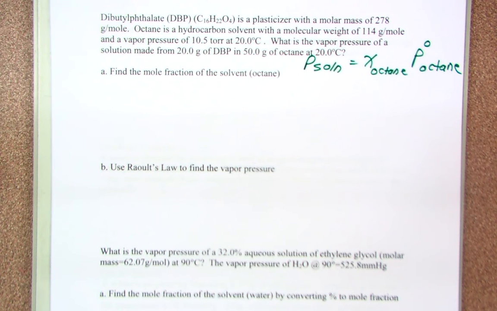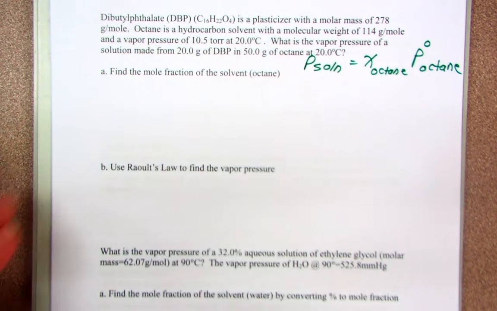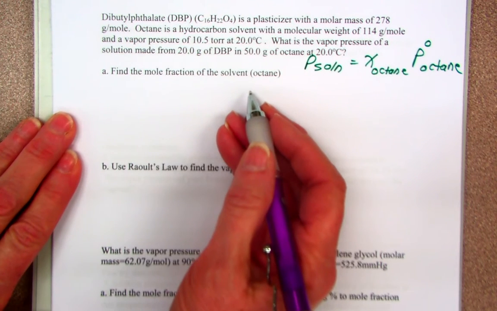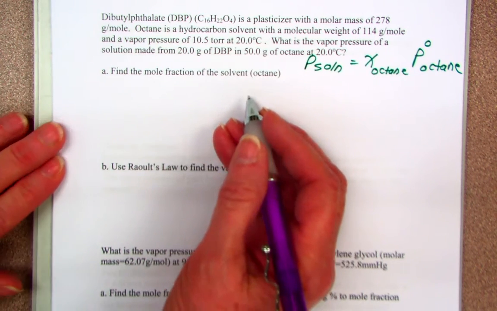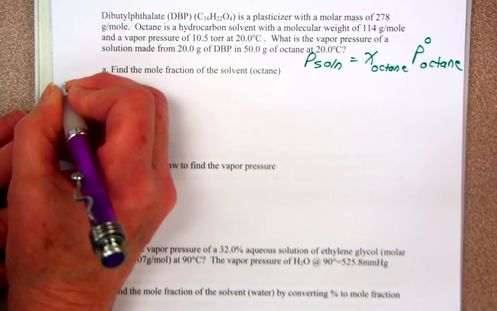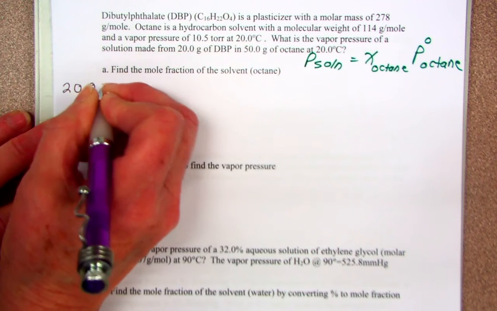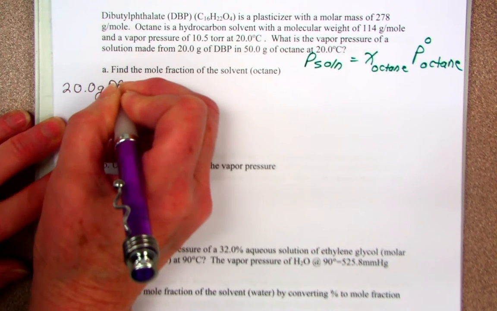So now what we have to do is think about, how do I get the information I need? I read the problem and the information on the pressure of the octane has been provided to me. But the other stuff, the mole fraction, I'm going to have to calculate. So we start off finding the mole fraction of the octane. And when I look at this, I know that I have 20.0 grams of dibutyl phthalate.